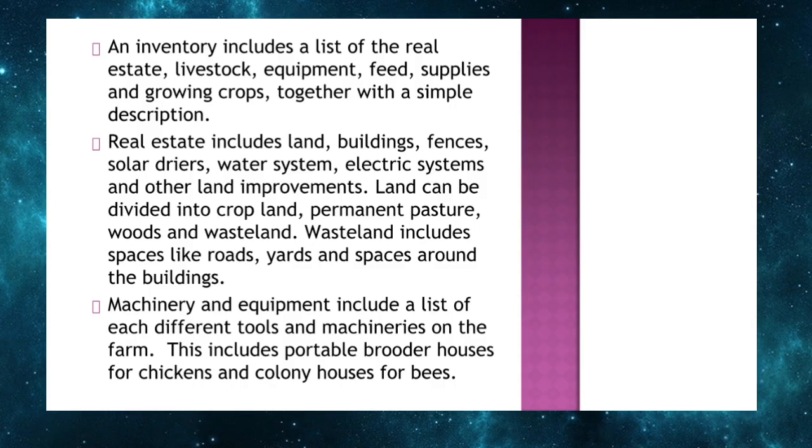Machinery and equipment listings include all tools and farm machines. Livestock are listed according to classes such as milk cows, heifers, calves, sows, hogs, beef cattle, and poultry. Feeds and supplies include hay, silage, grains, fertilizers, seeds, and other materials. All items must be described and recorded carefully.